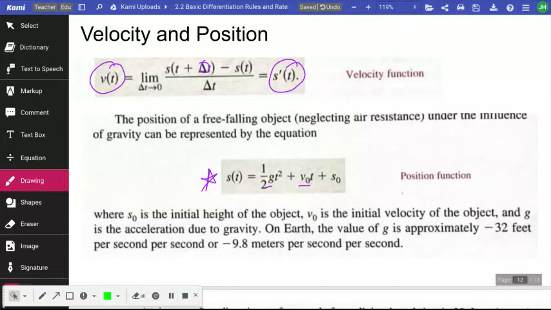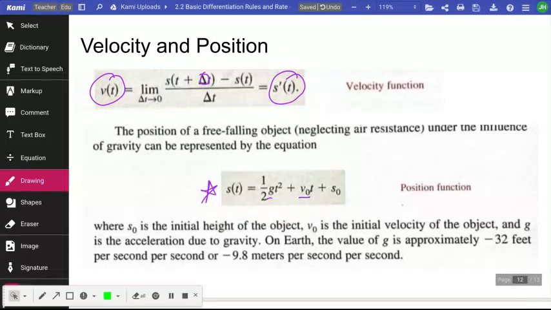Time has not happened, no time has passed, and your initial position would be S sub zero. So that's initial velocity and initial position, and then G is gravity. It says that in the words, but sometimes it helps to label it.